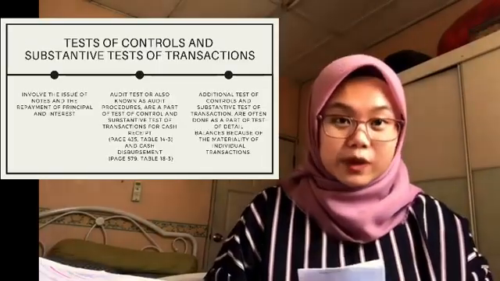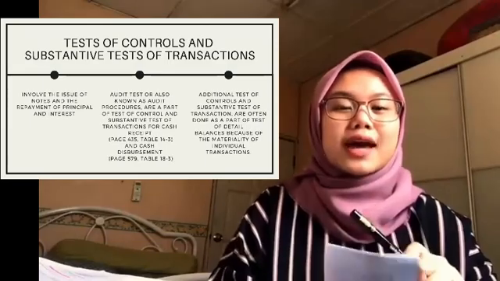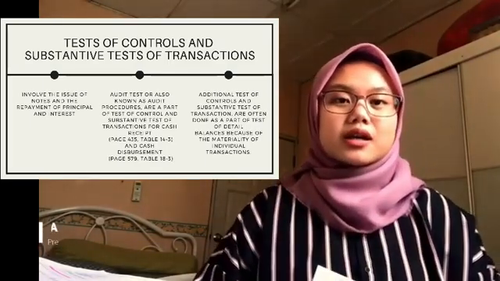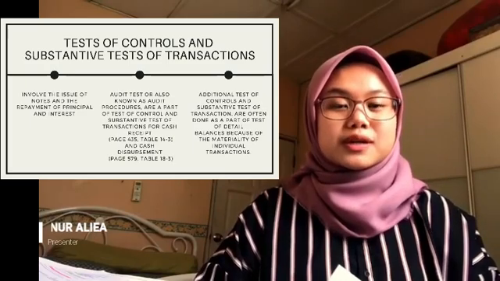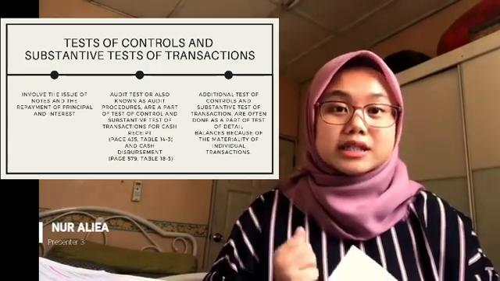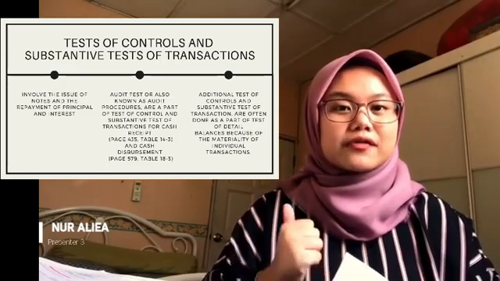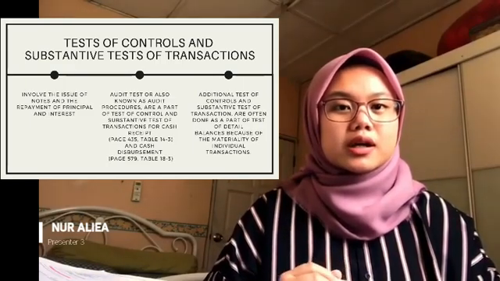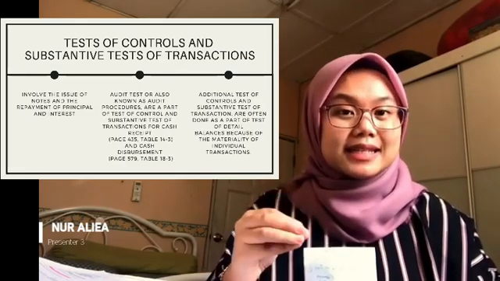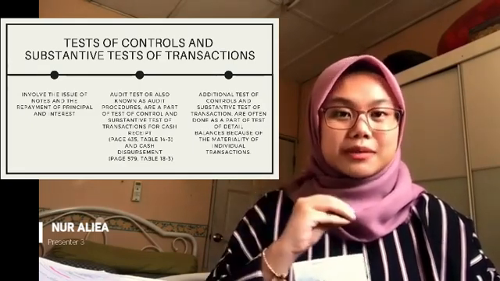Okay, so the first one is the test of control and the substantive test of transaction. The test of control is one of the audit procedures that is used to test the effectiveness of the control used by the entity to detect material misstatement.